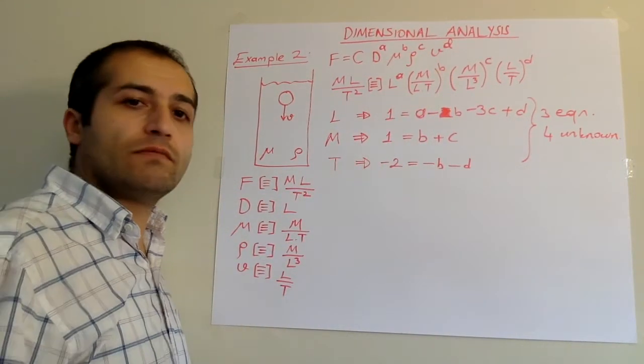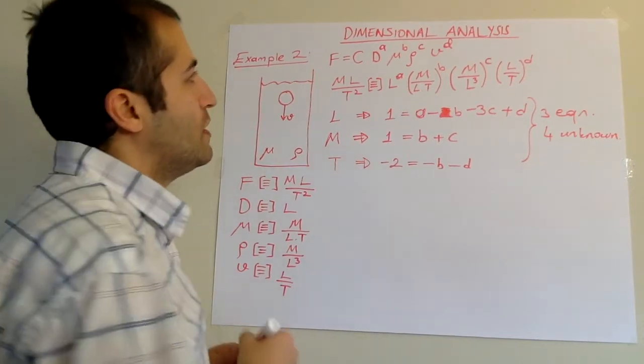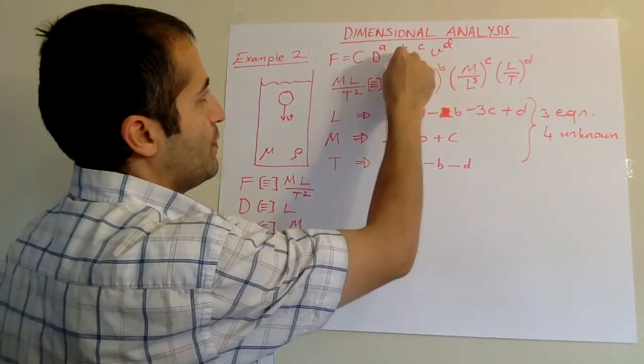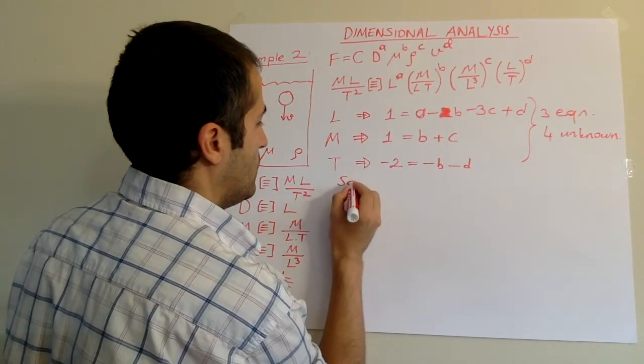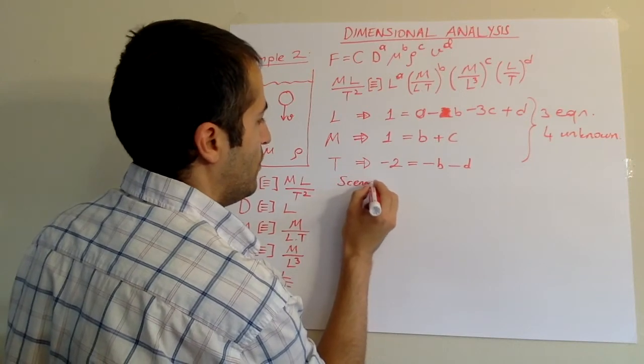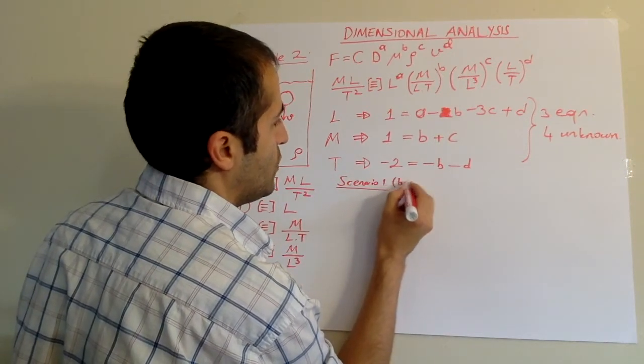Maybe none of the cases is true, but let's follow two of the scenarios. Let's set b is equal to 0 first. Scenario 1. B is equal to 0.